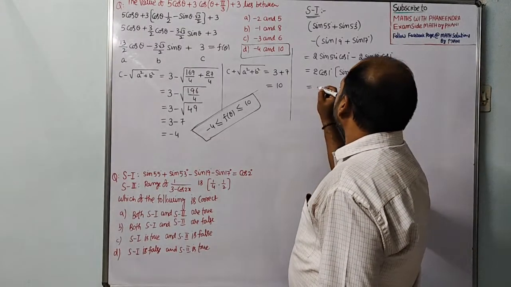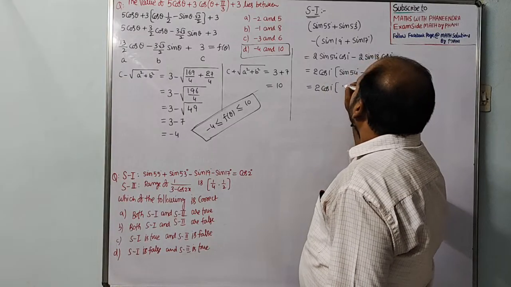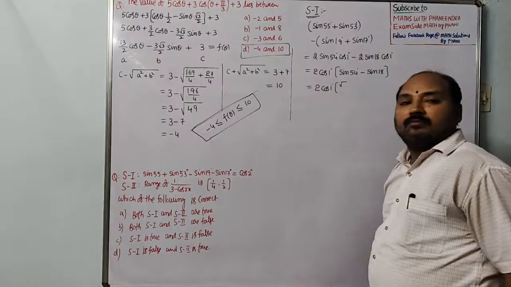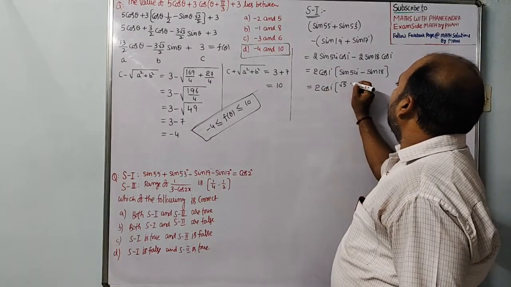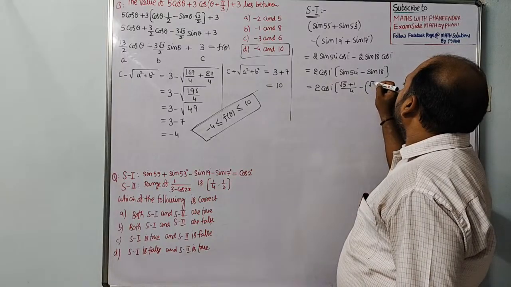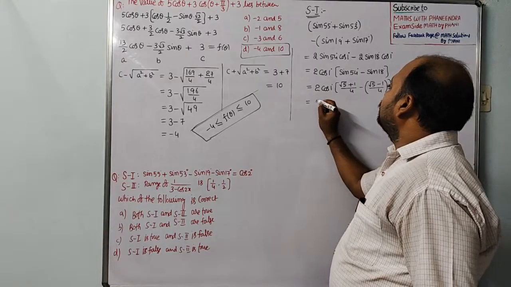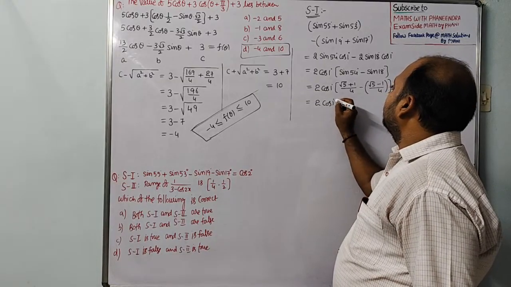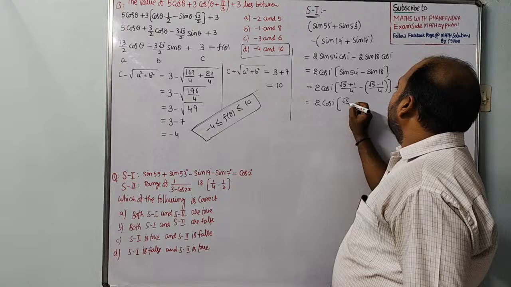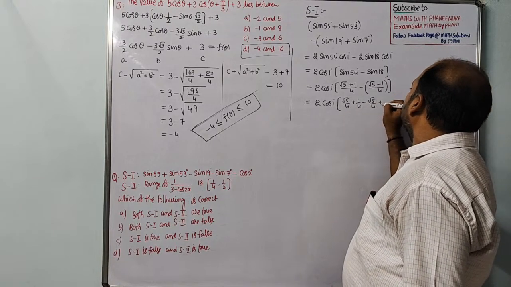So which is equal to 2 cos 1 degree, sine 54 is root 5 plus 1 by 4, minus root 5 minus 1 by 4. So 2 cos 1 degree, root 5 by 4 plus 1 by 4 minus root 5 by 4 plus 1 by 4.